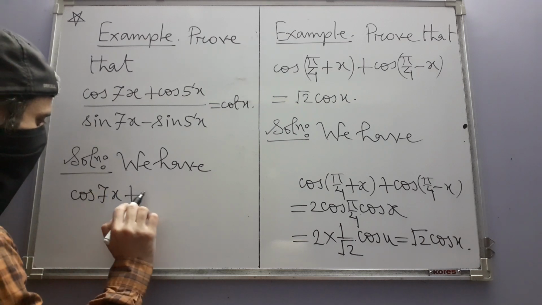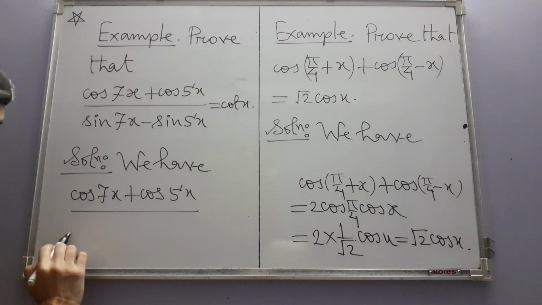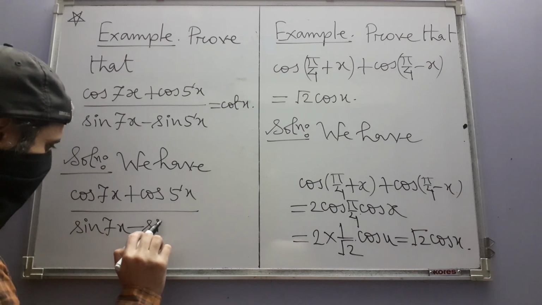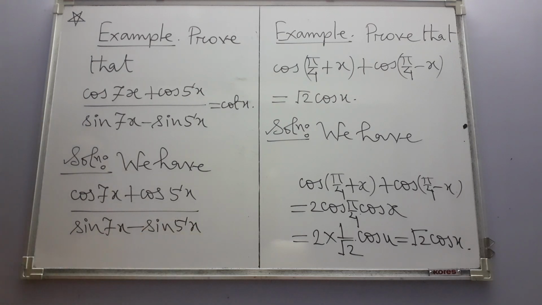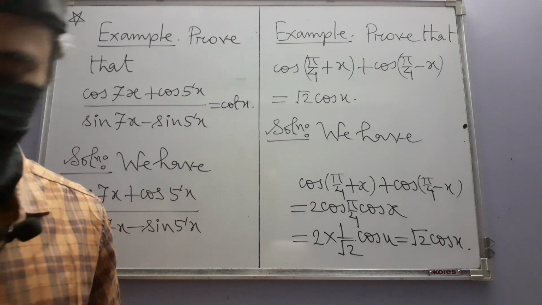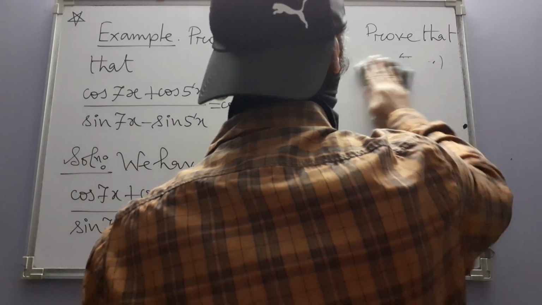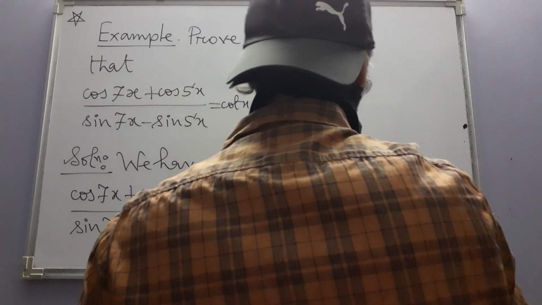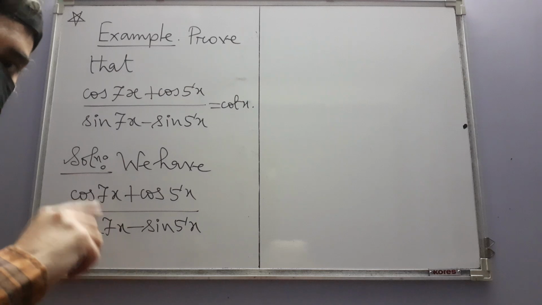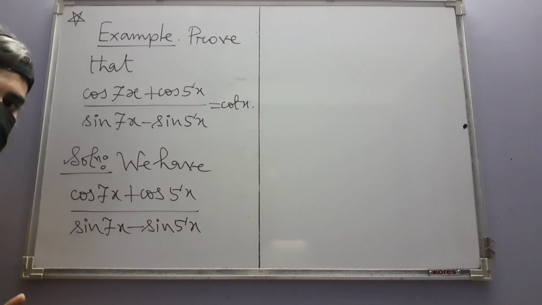Cos 7x plus cos 5x divided by sin 7x minus sin 5x. Now we have to recall those formulas. Recall that when it comes to cos and cos, we either have cos cos or sin sin. If it is plus, then it's cos cos.